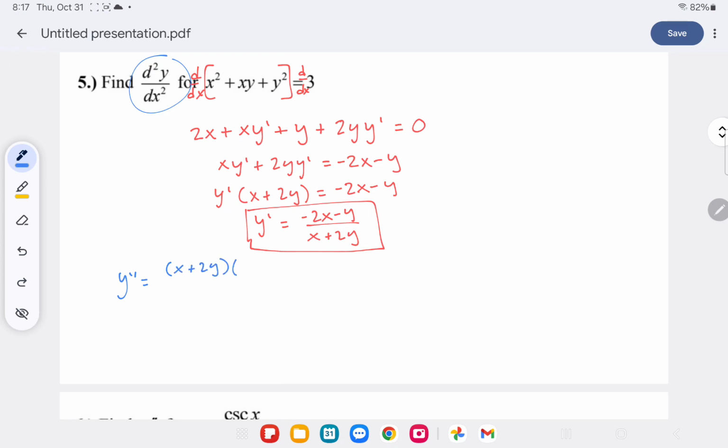So the derivative of the numerator is -2 minus y prime. So that's low d high minus high d low, derivative of the denominator. So derivative of x is 1, derivative of 2y is 2y prime, over the square of what's below.